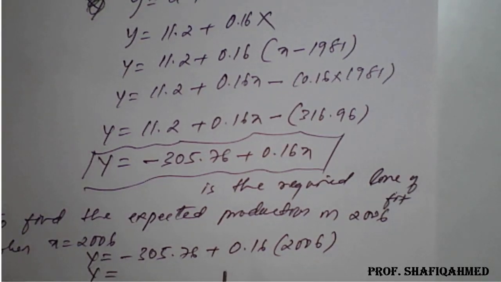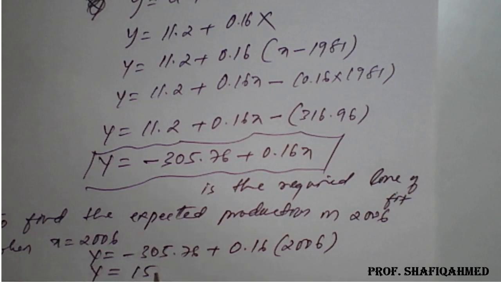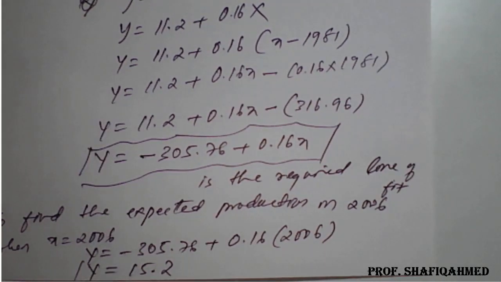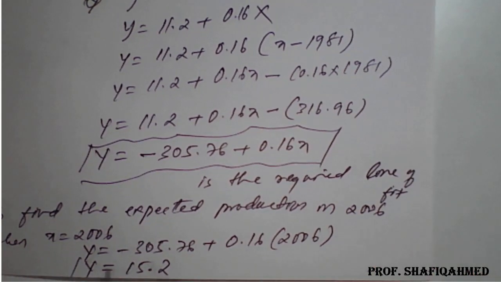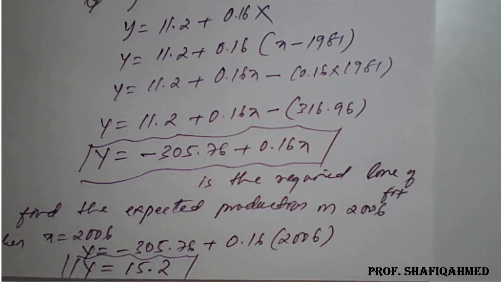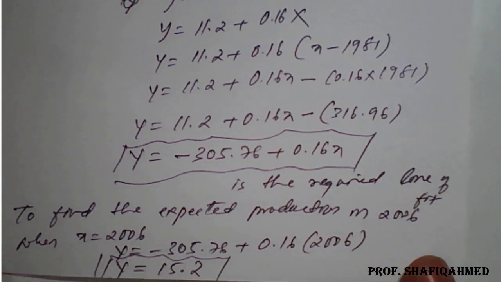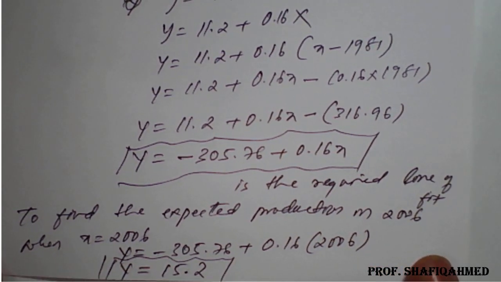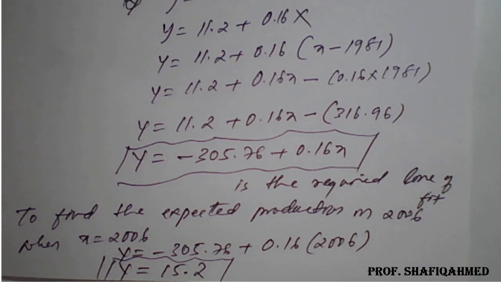On simplification, it will become 15.2. So on calculation, in the year 2006, the production in terms of tons is 15.2. In this way, this kind of question we need to simplify for the given data by the method of least squares.